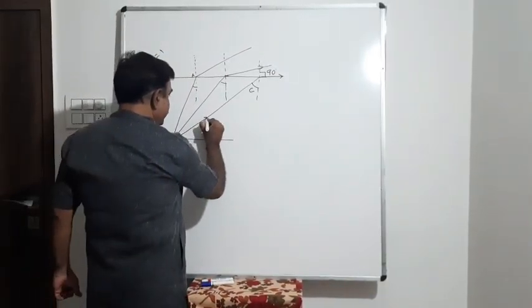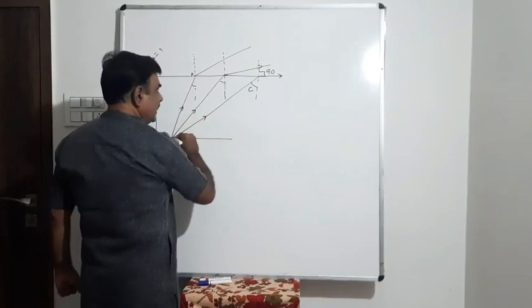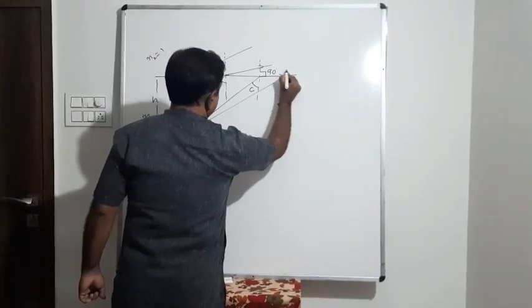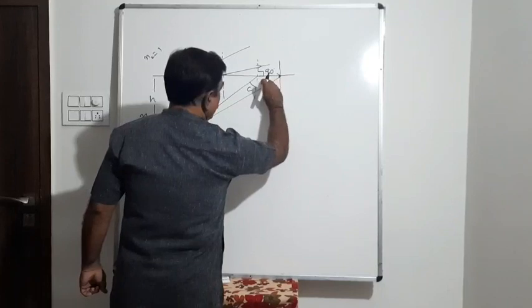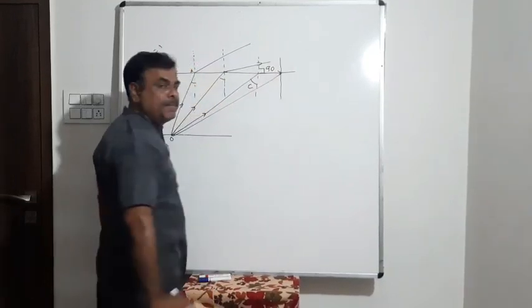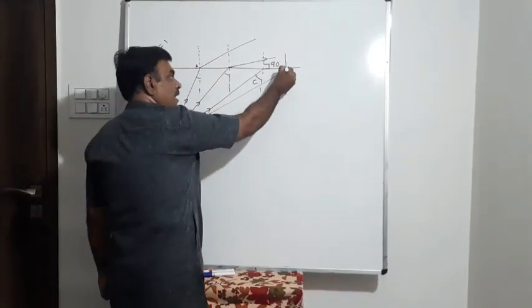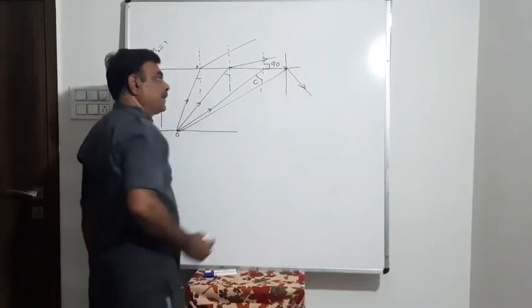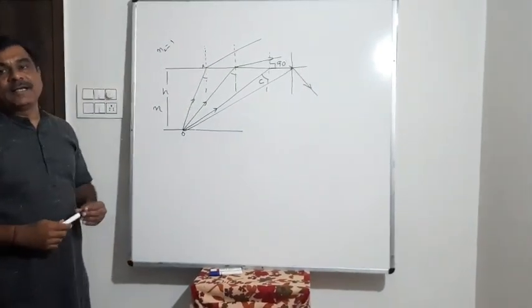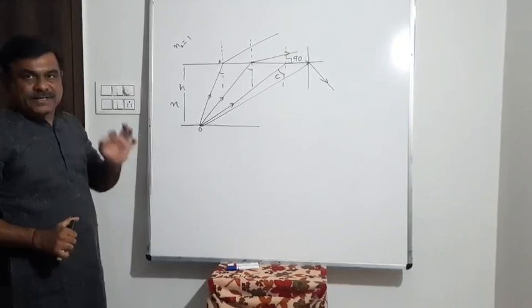Now, if the angle of incidence increases further than the critical angle, then what happens? Light won't pass from medium 1 to medium 2, but it will reflect back in the same medium. This phenomenon is called total internal reflection.